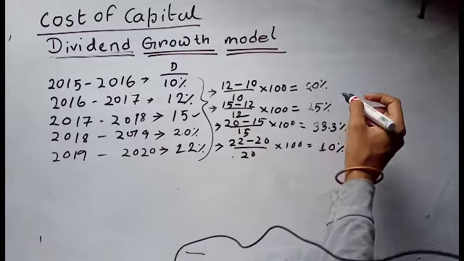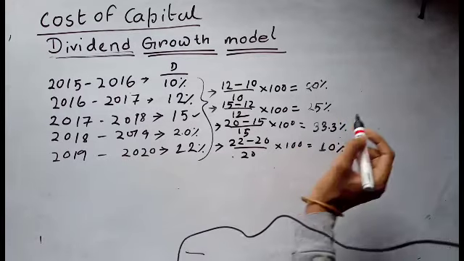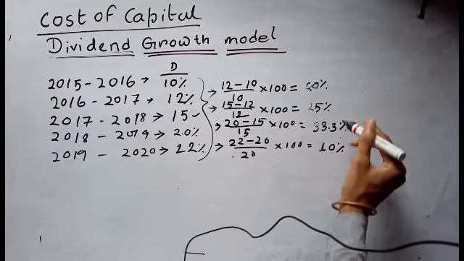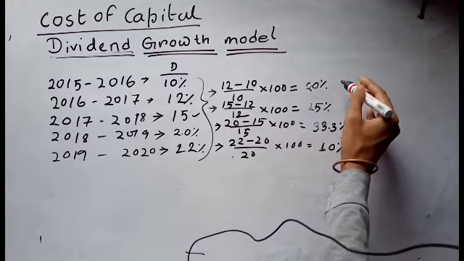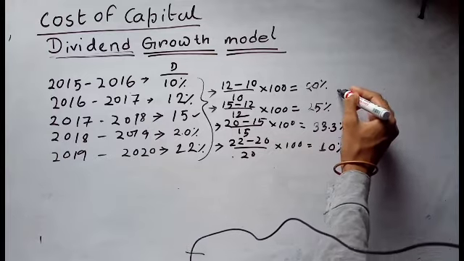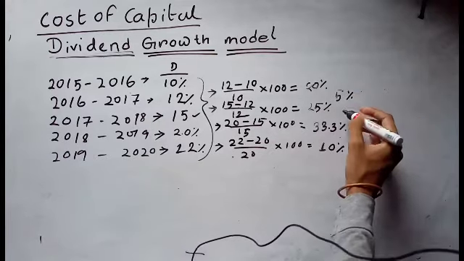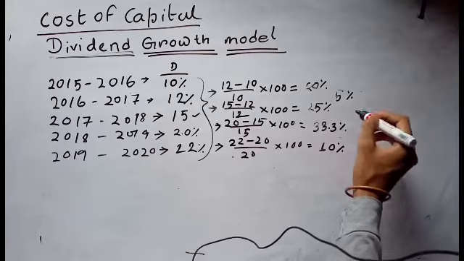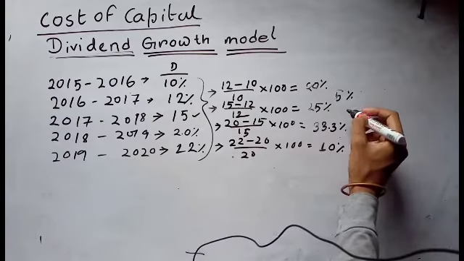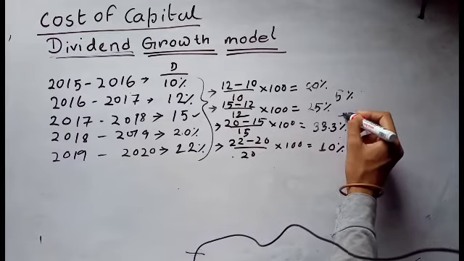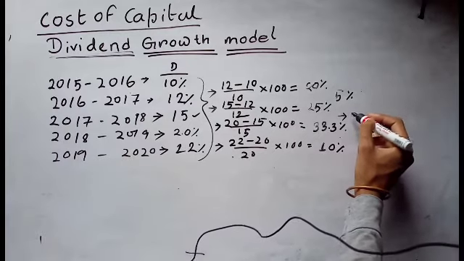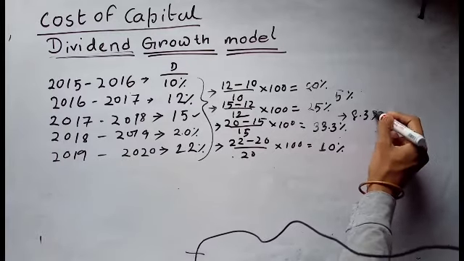If I describe it in detail, you can see how the growth is realized for the first 3 years: 20% growth, then 25%, then from 25% to 33%, which is about 8.3% rate.